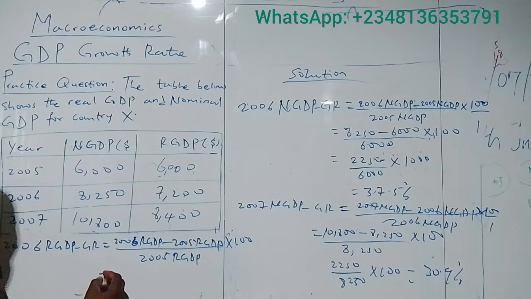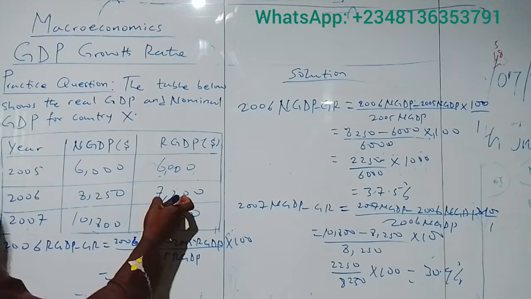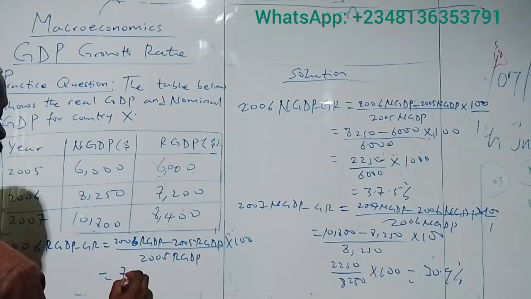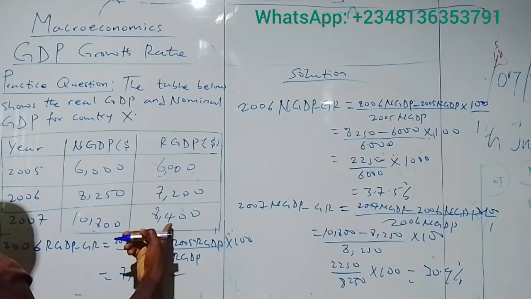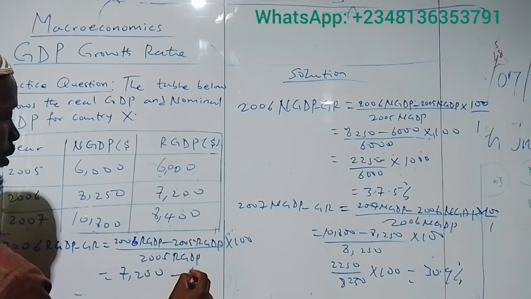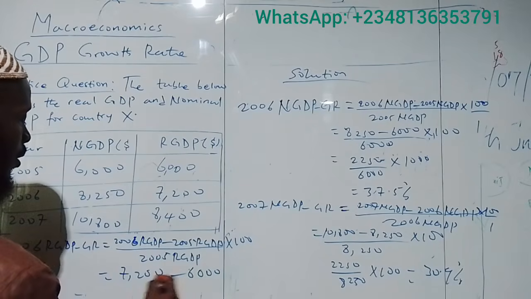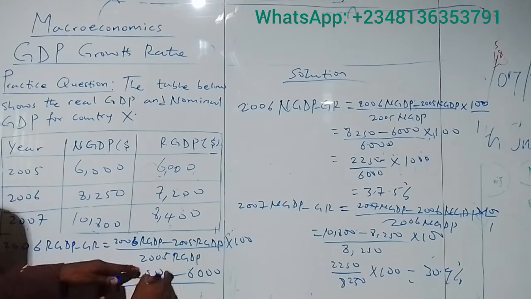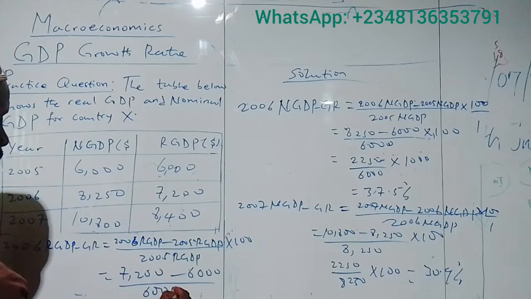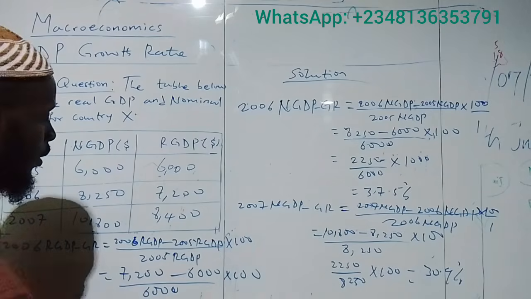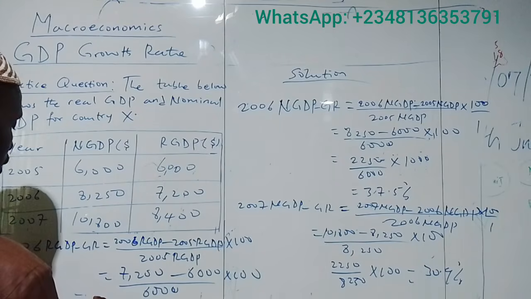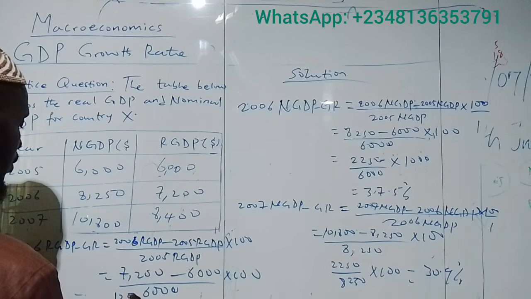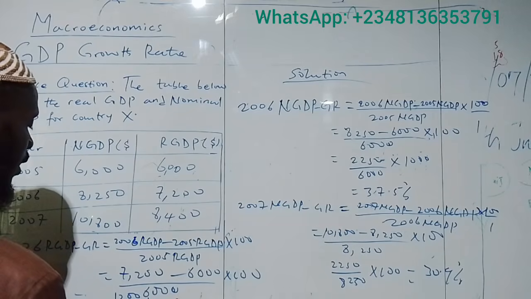Now in 2006, real GDP is 7,200, minus the 2005 value of 6,000, then divided by the previous 6,000 multiplied by 100. So 7,200 minus 6,000 gives us 1,200, divided by 6,000, then multiplied by 100.